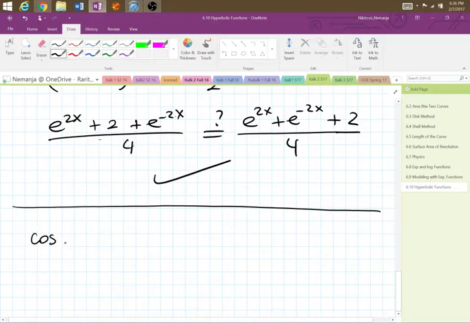Cosine hyperbolic of x. Well, look at that smile now. It's like, oh my God, he's going to actually do this. Yeah, I've got an hour and a half to kill, so why not?